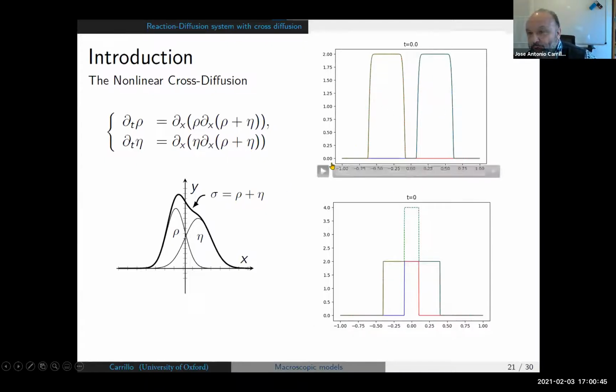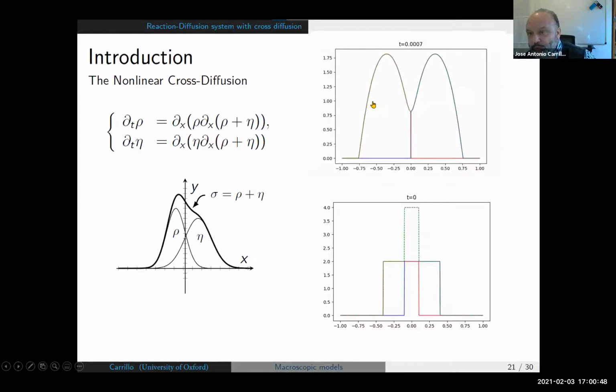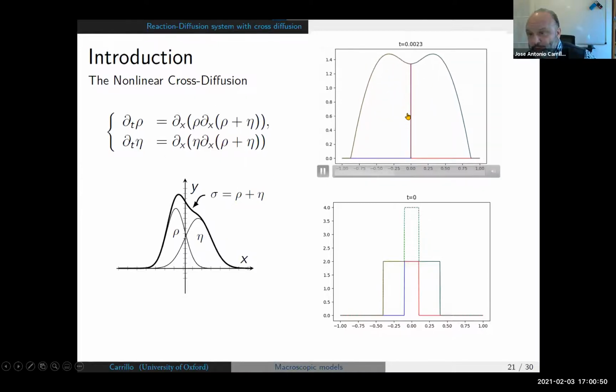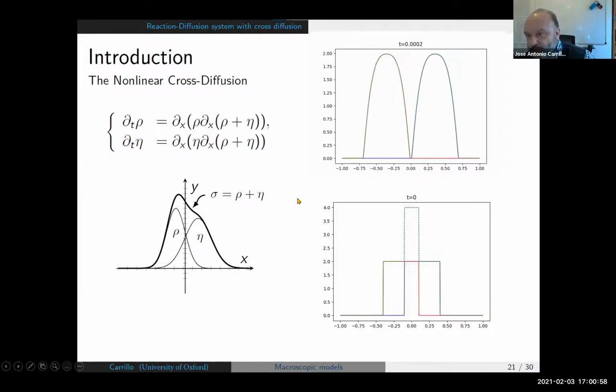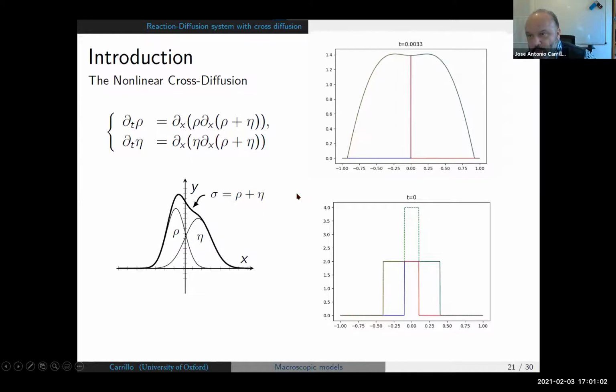So here I'm solving this equation with an initial data which is separated, okay, segregated. Rho is on one side, eta is on the other side. You see that they never merge. And of course, the sum follows the solution of the porous medium equation, with exponent 2. This is a typical profile of a Barenblatt.